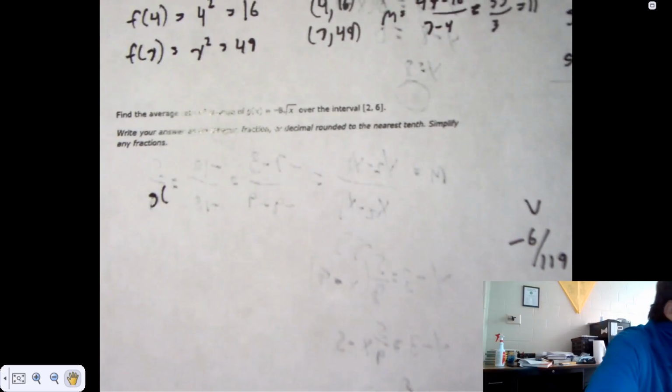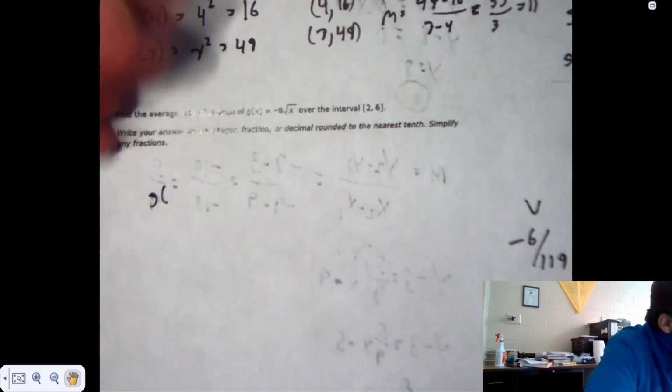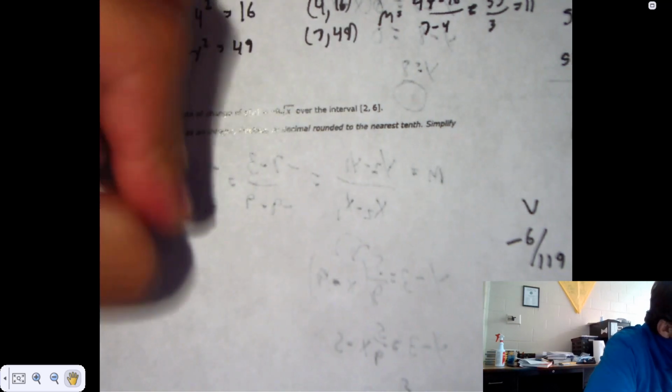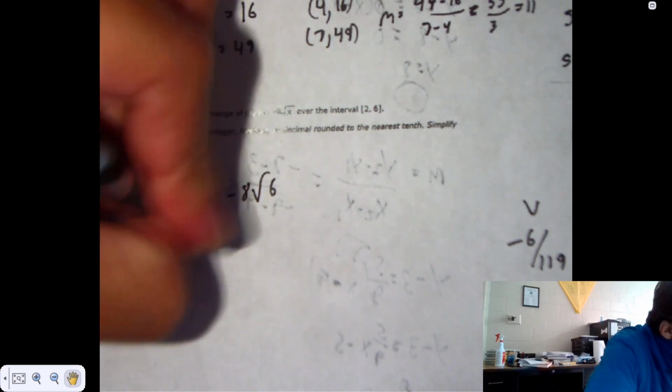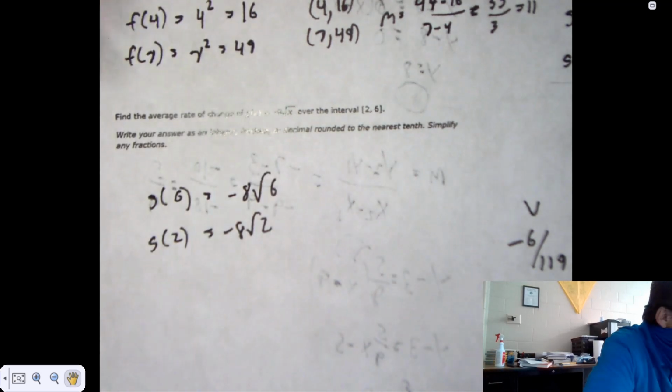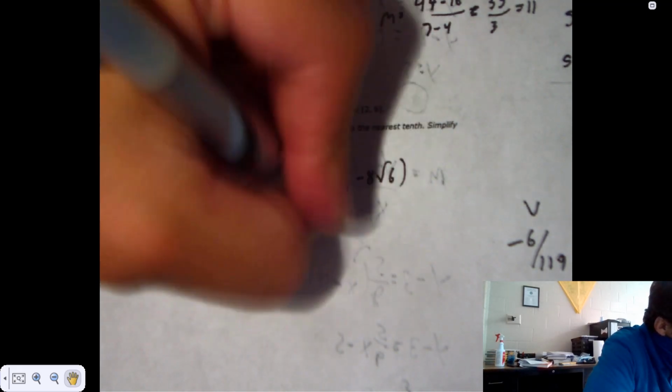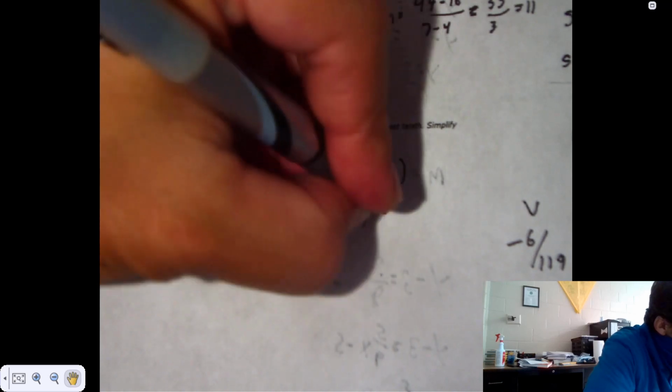Might even be easier just to use what it says up top, f of b minus f of a over b minus a, but I mean, there's no side calculations you can really do. But g of 6 would be negative 8 roots of 6. G of 2 would be negative 8 roots of 2. And your ordered pair here was 6 and negative 8 roots of 6 and 2 and negative 8 roots of 2.